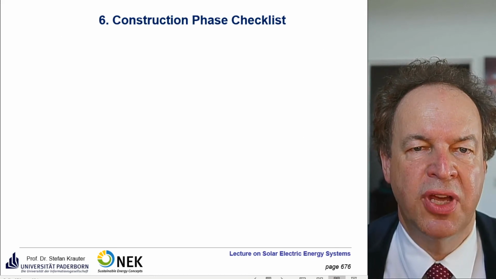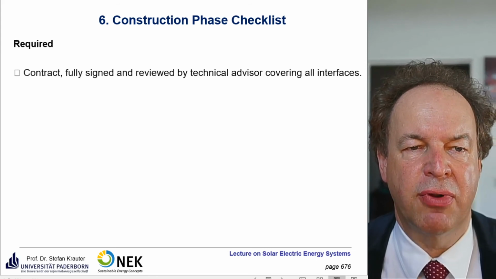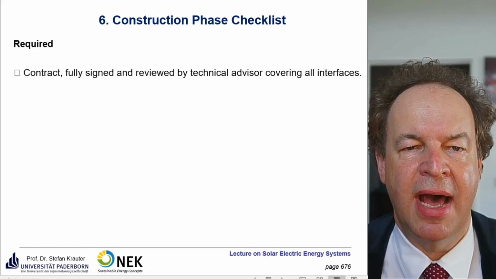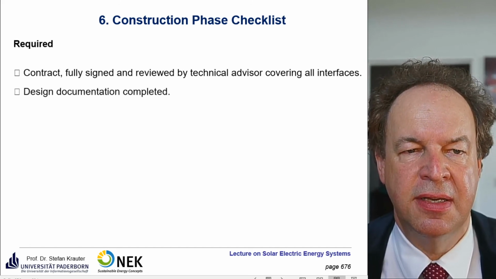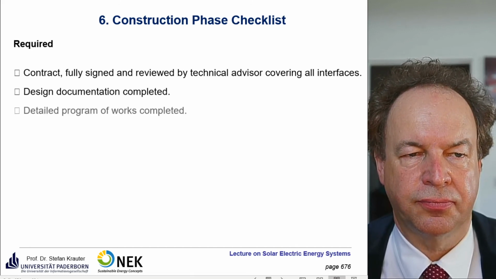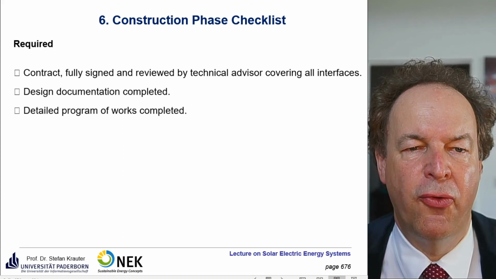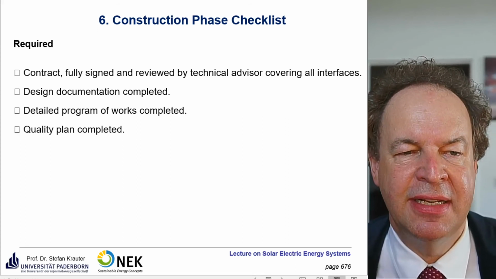Now we come to the construction phase checklist. Required: a contract fully signed and reviewed by a technical advisor covering all possible interfaces. Design documentation completed. Detailed program of works completed. The quality plan is completed.